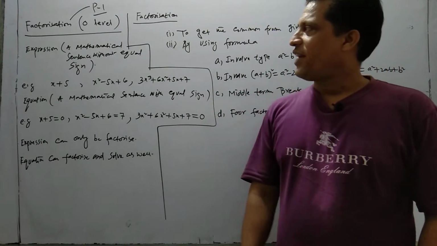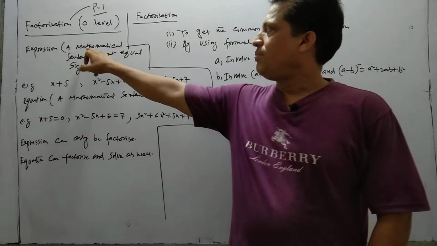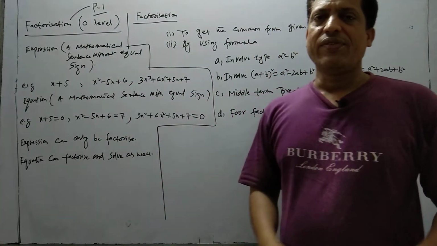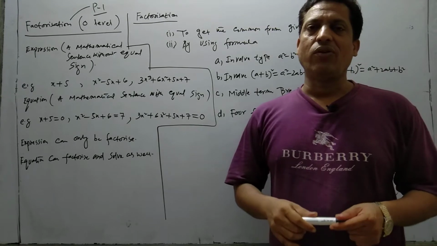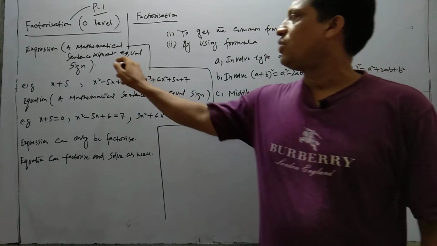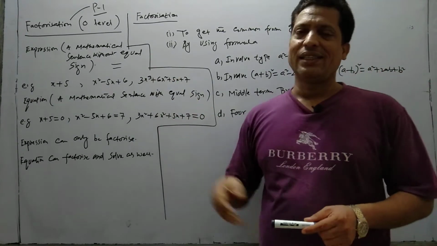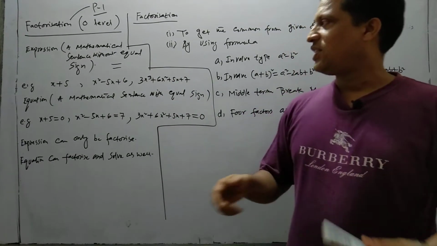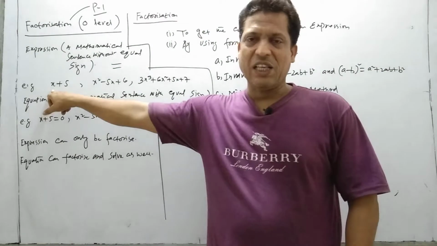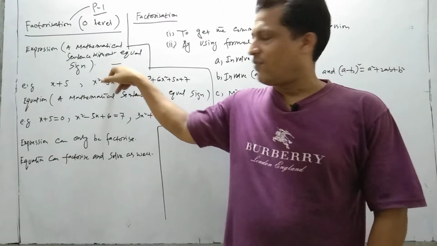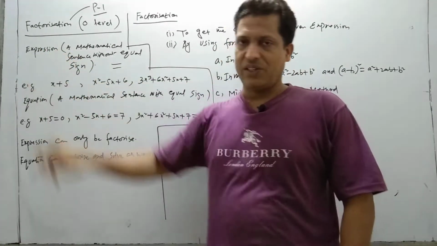The definition of expression is a mathematical sentence without an equal sign. If you see any sentence without an equal sign, you call the sentence an expression. For example, look at this, x plus 5. This is x plus 5 without an equal sign, so you call this an expression.